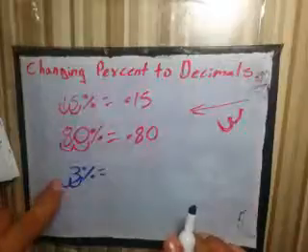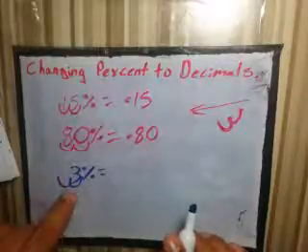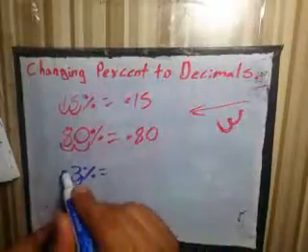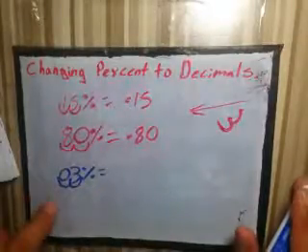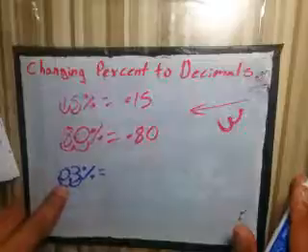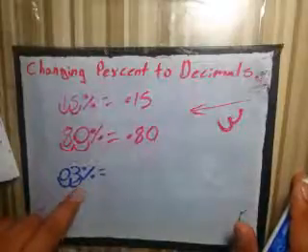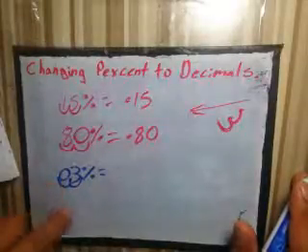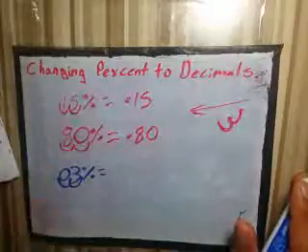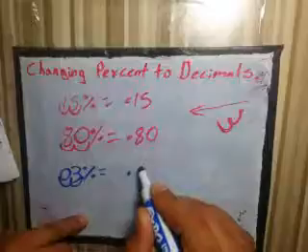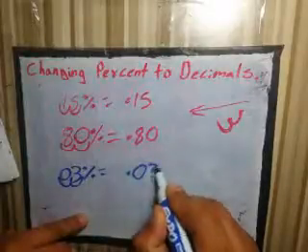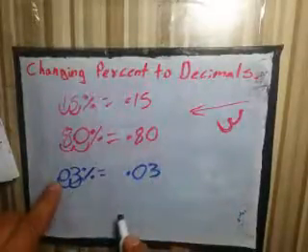But when it's just one number, we can add zeros. Any zeros you want, you just have to move two places. In this case, you have 3, but you don't have another number to move over, so you put a 0 in that space. Then it will be 0.03 because we added a 0.